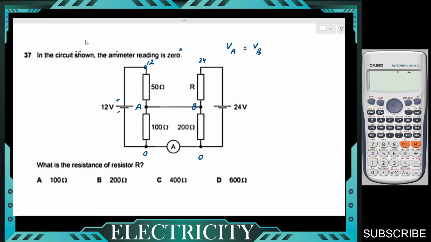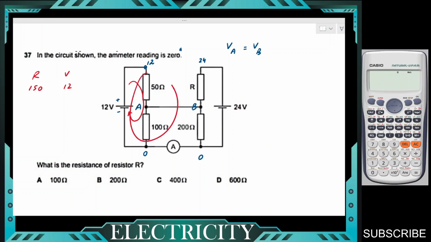So in order to find the voltage at A, I'm going to consider this circuit, and I can use the method of cross multiplication. So I can write resistance here and I can write voltage here. So 12 volts would have been provided to the total resistance of 150.